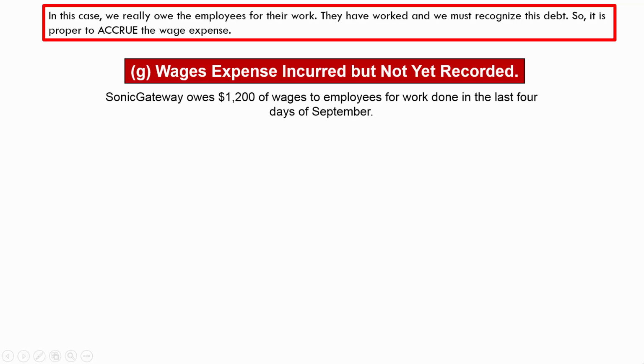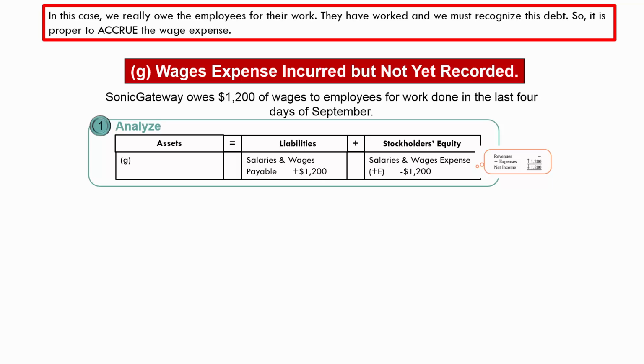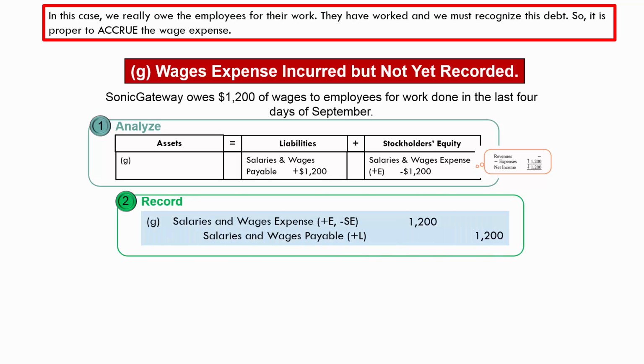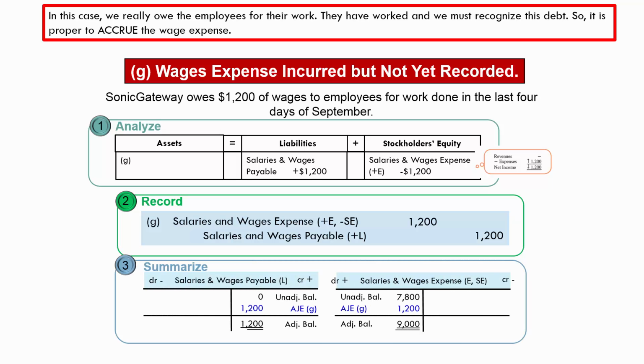When our employees work, we also need to pay them, and we need to record the expenses associated with their work. We need to accrue those expenses whether we pay them or not. So we need to show it in our income statement. And since it's not paid, we call it a payable, and it will be recorded another debit expense and creating a liability for $1,200.